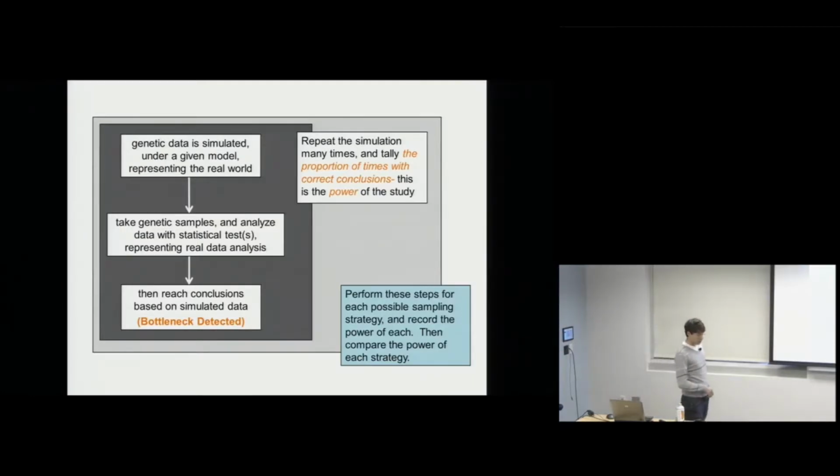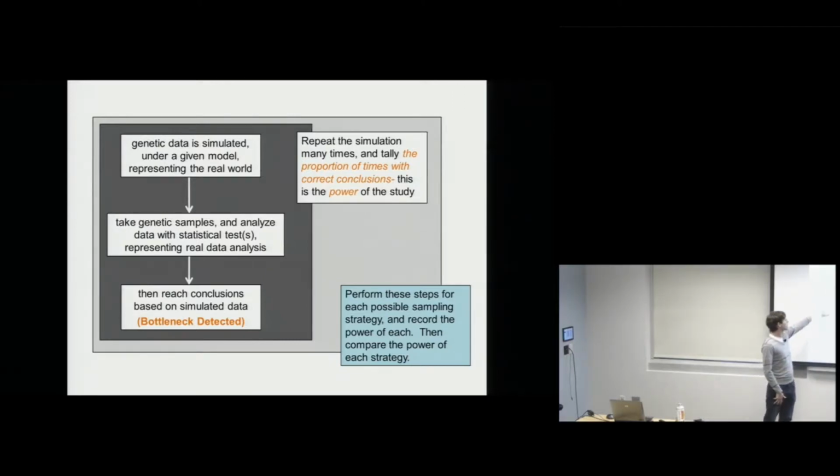I'm going to explain in a sort of broad way how one can make an estimate of the power of a study. So first, you're going to simulate genetic data under a given demographic and evolutionary model. So this is our representation of the real world as it is.